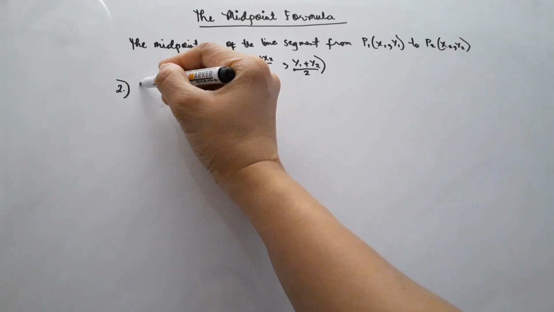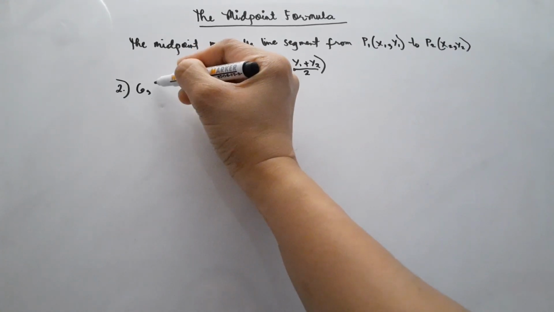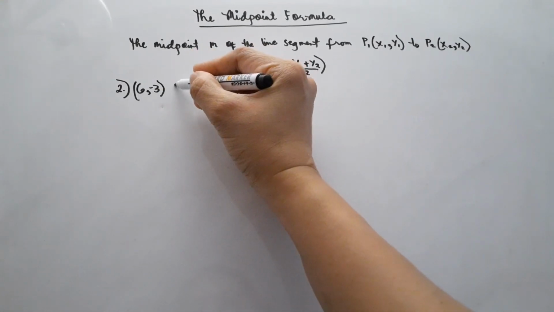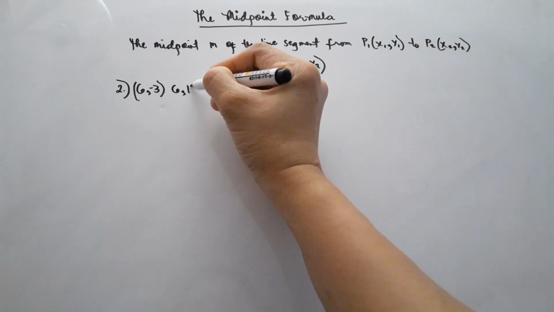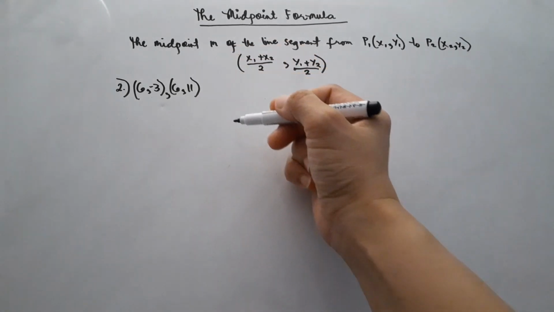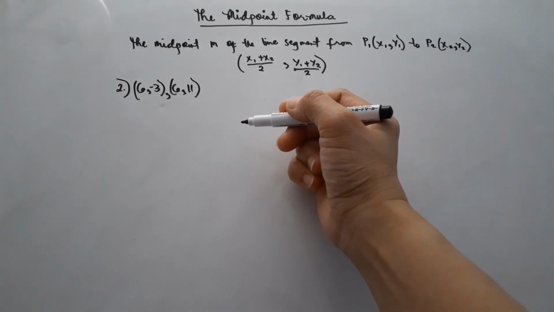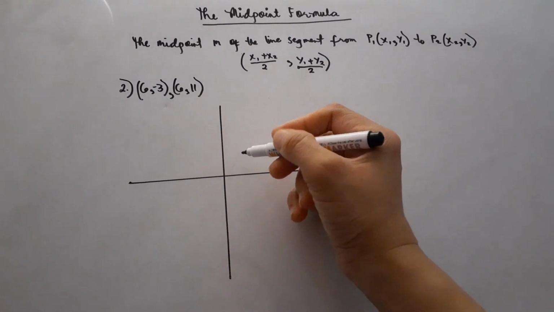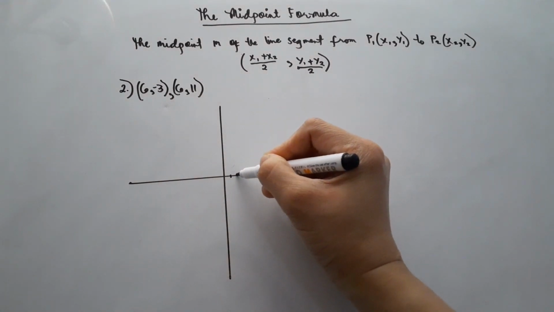And then let's have another example, number 2. We have 6 to negative 3 and 6 to 11. This is our point 1 and point 2. So let's take a graph. And then we locate in here each axis.